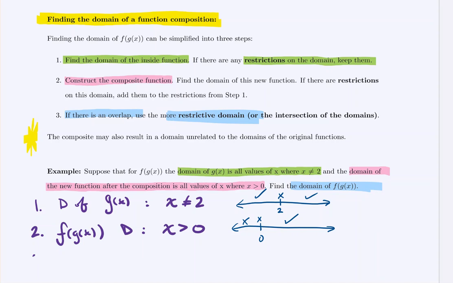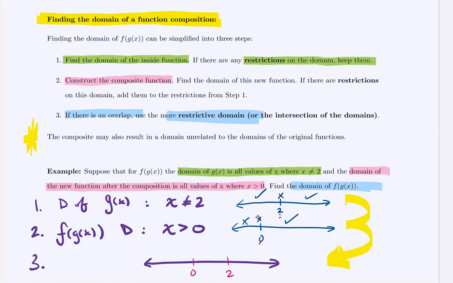Now we need to combine both of these restrictions to get our overall domain of the composition by saying, where is it true for both? So the key points of interest seem to be at 0 and 2 from our 2 number lines. So I'm going to plot those. And I'm just going to go piece at a time left to right and say, if it's okay in both, it's okay in the final.